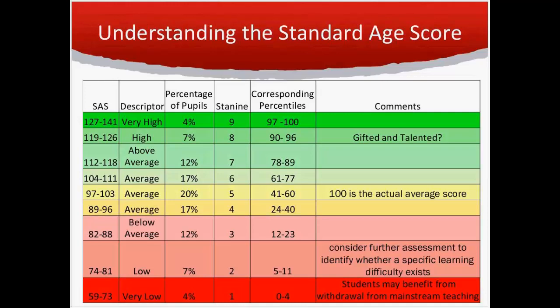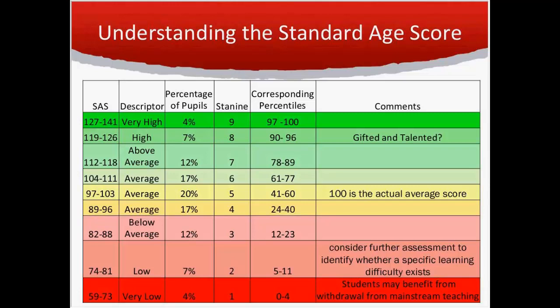Now, there's a comment there. Does that make you gifted and talented or not? That depends upon the nature of your school. It depends on the intake of your school. Some schools might be more selective than others. So whilst this is very good, it gives you a standardized age score, you will need to actually look at the numbers yourself in the context of your own school to see whether your children are gifted and talented based upon the standardized age score.